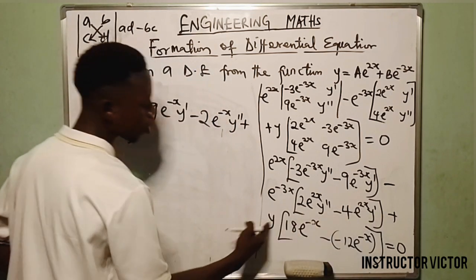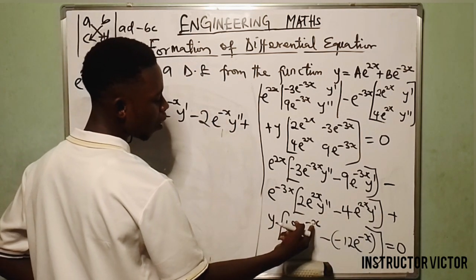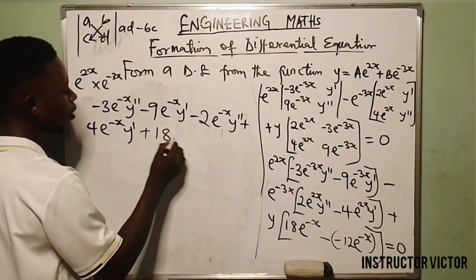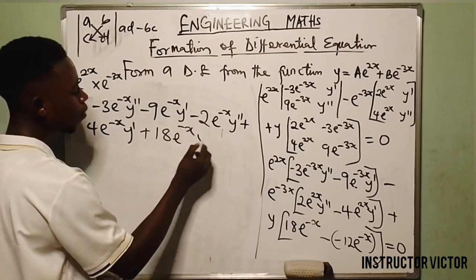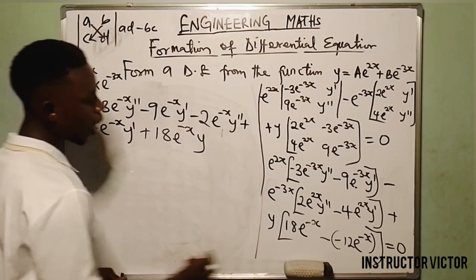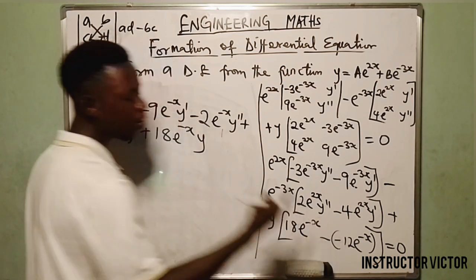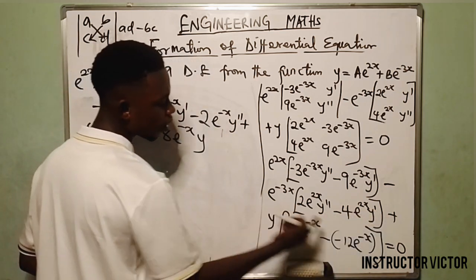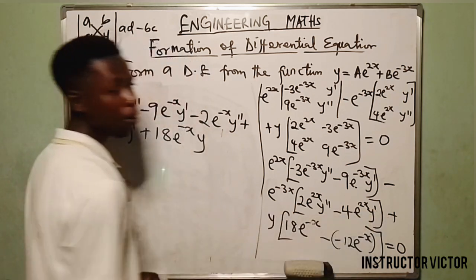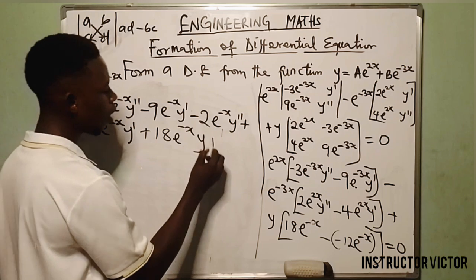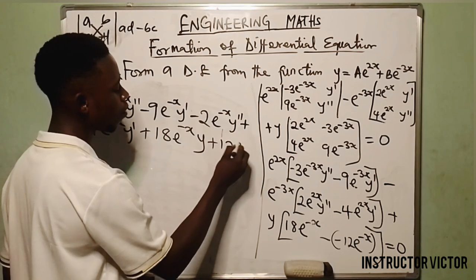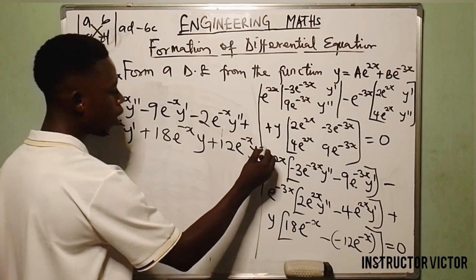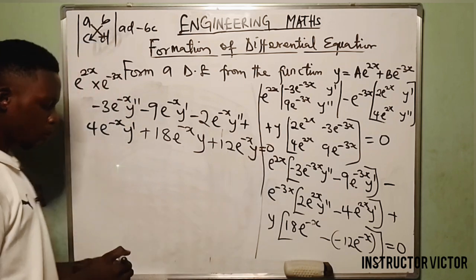Plus y multiplied by 18 exponential minus x, you have plus 18 exponential minus x y. And then minus times minus will give us a plus. Y multiplied by 12 exponential minus x, you have plus 12 exponential minus x y, all equal to 0.